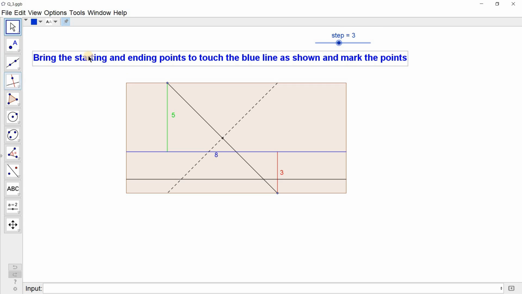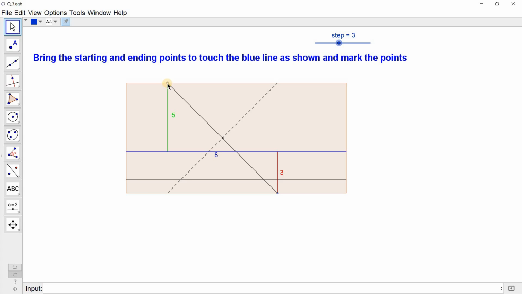In the next step, bring the starting and the ending points to touch the blue line as shown and mark the points. Now in the initial condition we only had this blue line. Now we are going to extend this blue line to reach this point, and also extend this blue line to reach the next end.